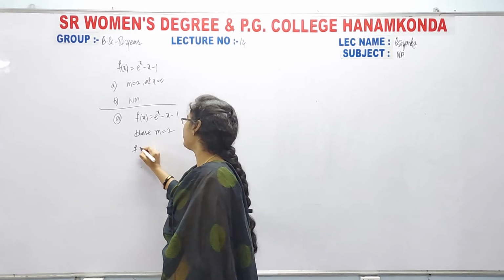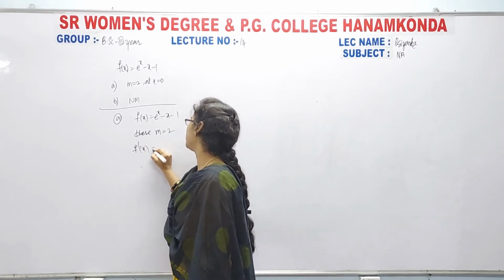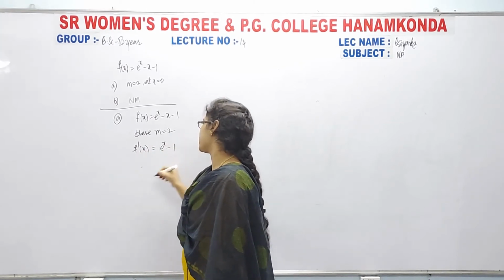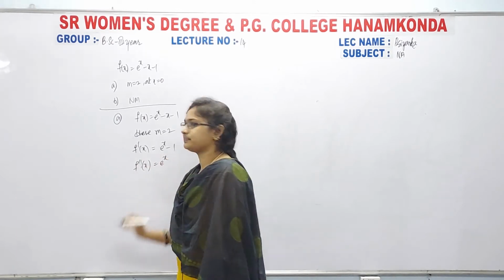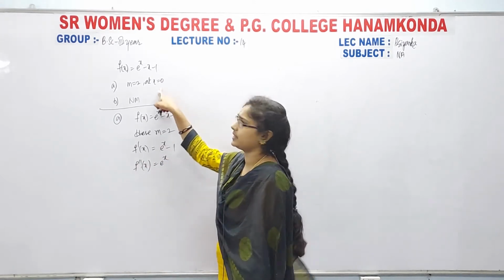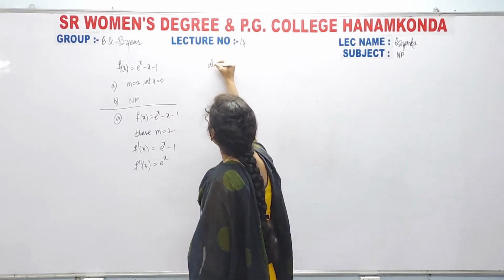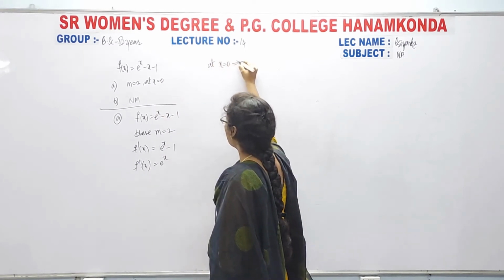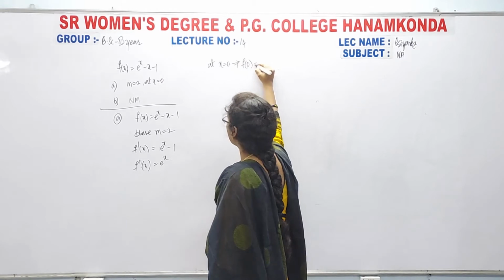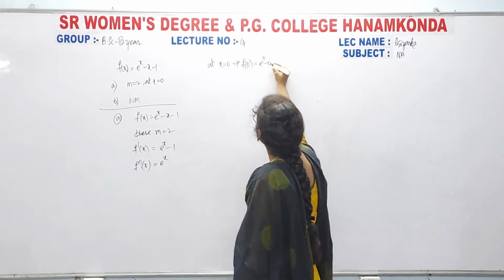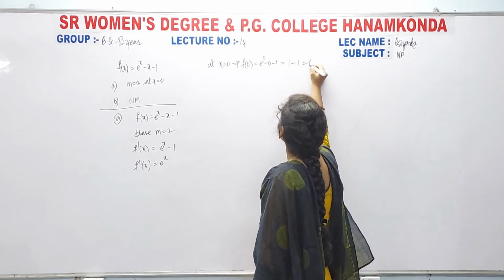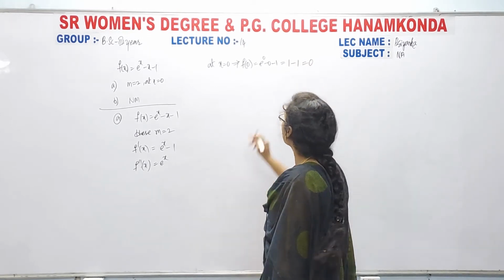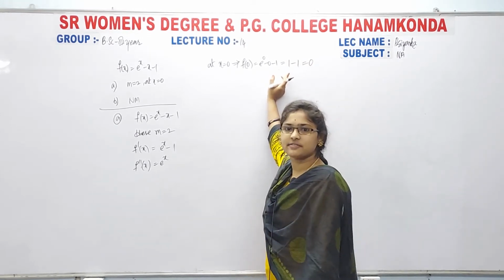So f dash of x is equal to e power x minus 1. What is f double dash of x? E power x. And they mentioned x equal to 0. So at x equal to 0, f of 0 is equal to e power 0 minus 1, which is equal to 1 minus 1, which is nothing but 0. So here it is giving the value 0.